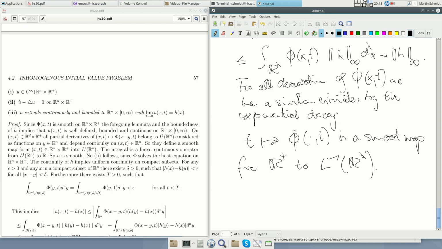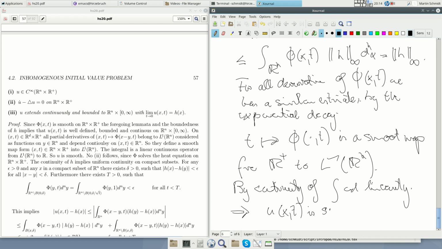And by continuity of the integral and linearity, this implies that u of x,t is indeed smooth.